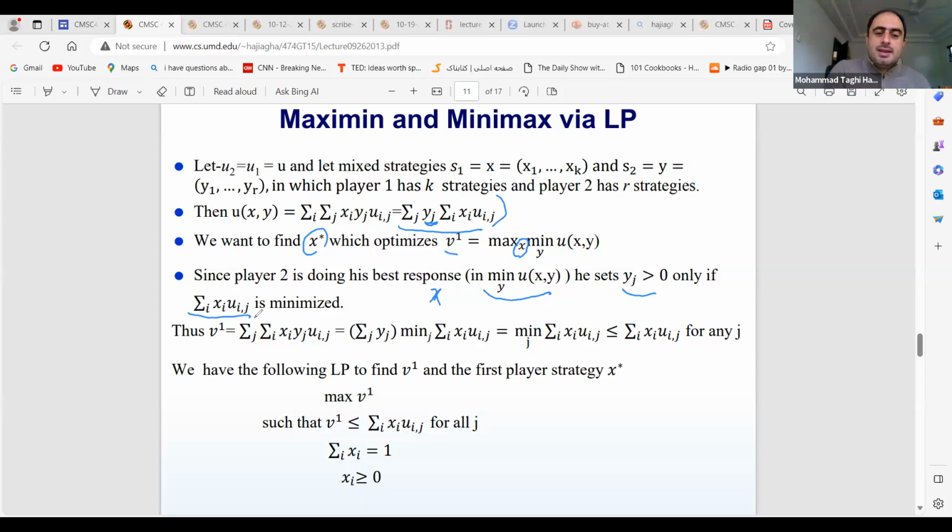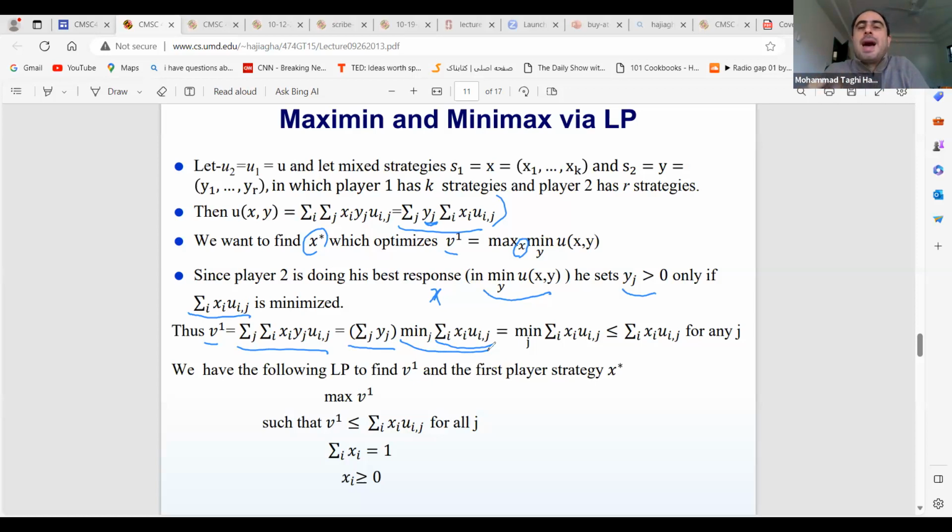So then in this case, we can write this one. V1 would be this that we talked about. So we know that, as I mentioned, yj is greater than 0 only if this is minimized. It means that if yj is greater than 0, all of these terms should be the same value. So all of these terms should be equal to the minimum, because as I mentioned, anything which is not minimum will be removed.